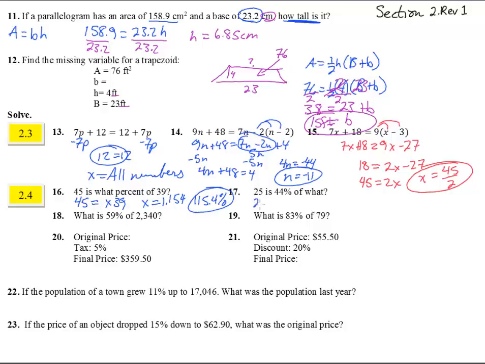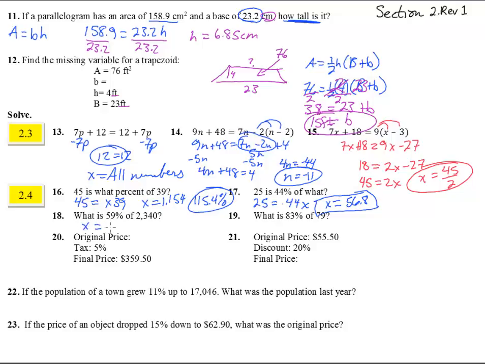Number 17, 25 is 44% of what? Notice we wrote this as 0.44. Divide both sides by 0.44, and we get x equals 56.8. If you want to round further out, you could do 56.82.